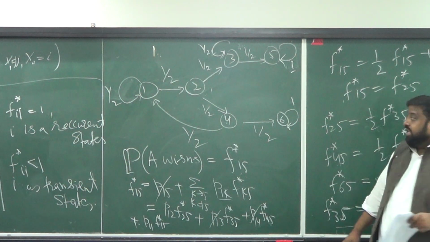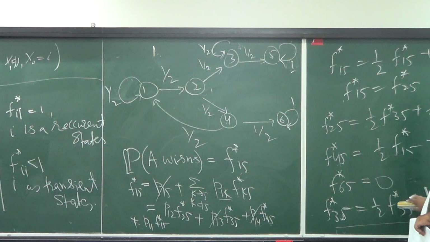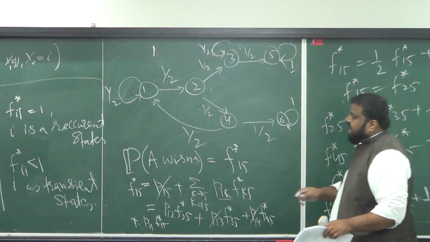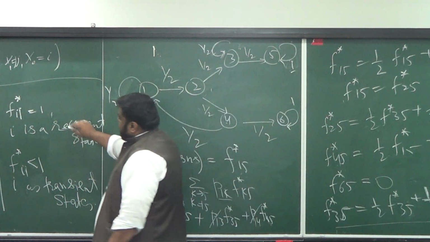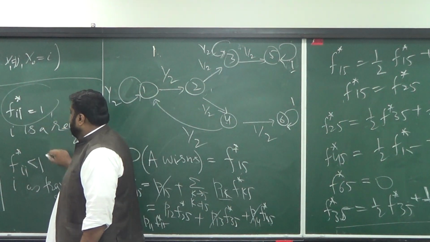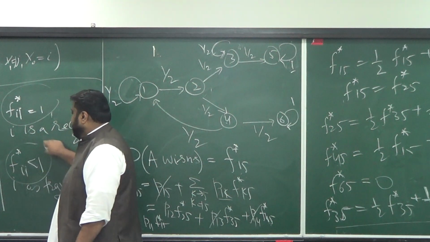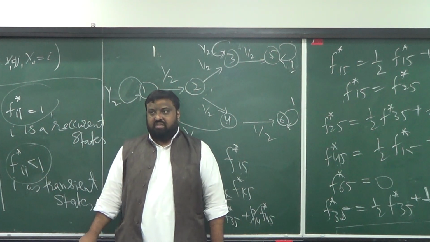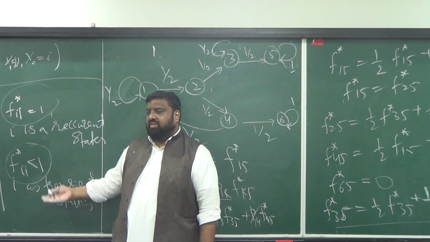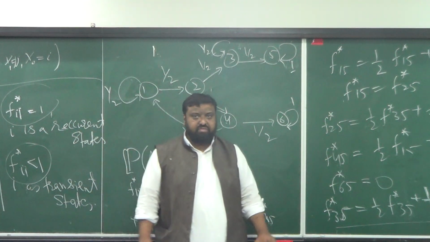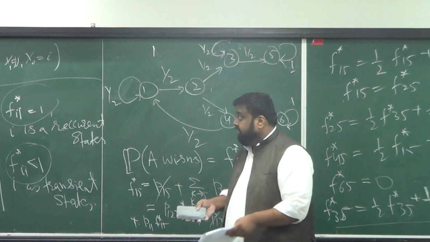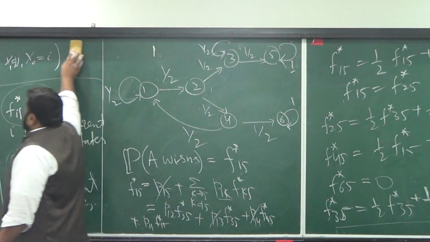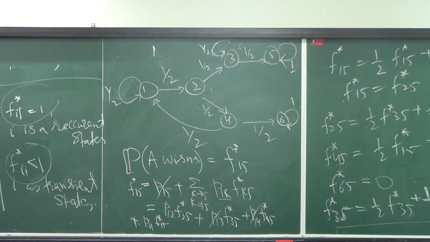Okay, so what is the next thing that we would like to do? One immediate thing once you have such probabilities is that you can talk about the recurrence and the transience of the states.